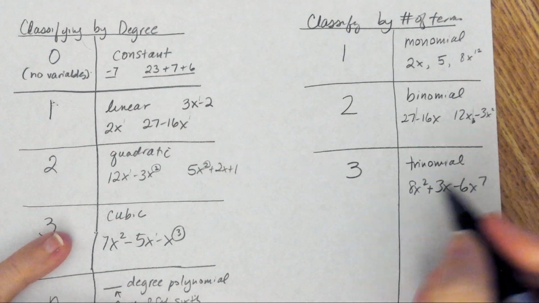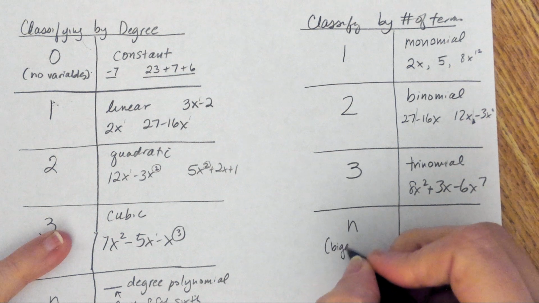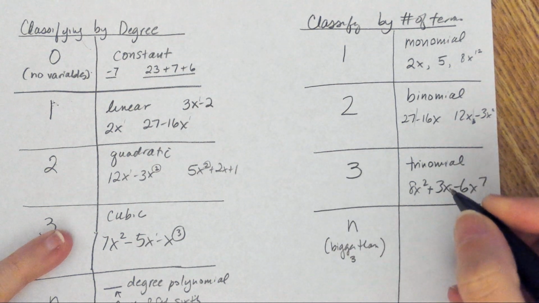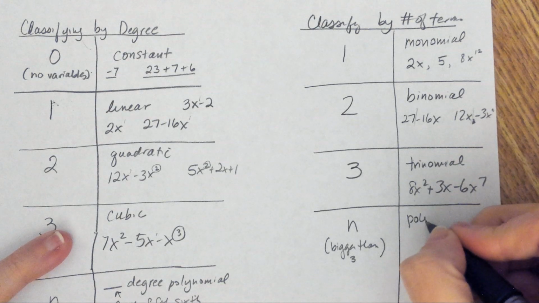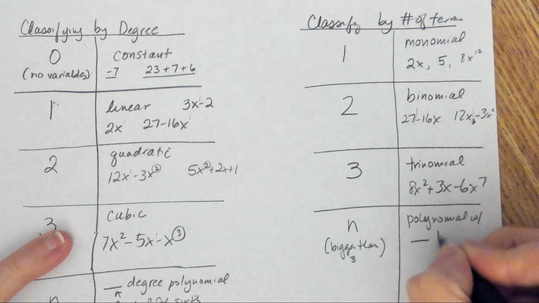And then if it goes any bigger than 3, so we're going to say n is bigger than 3, we're going to call it a polynomial with n terms.